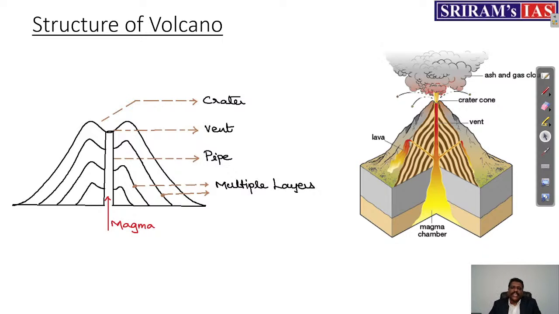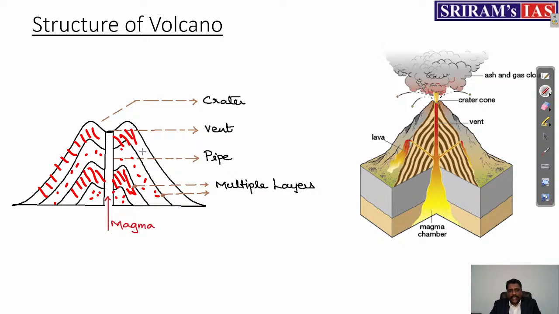And let me tell you, my dear friends, any volcano you take, every volcano has some commonality. What is common? Every volcano will have different layers. That's why we call the volcano an accumulated mountain. Layer by layer, this magma is getting accumulated.